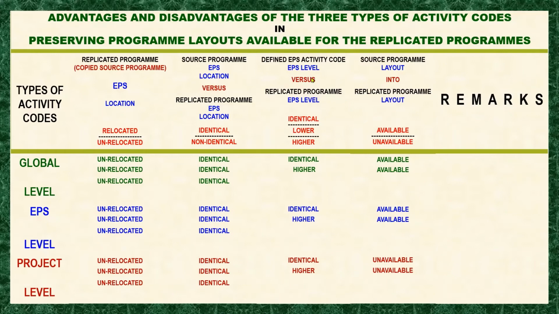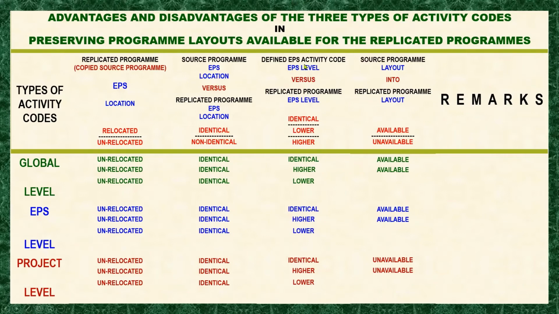Okay. Next, we will go to the EPS level, the comparison of the EPS level of the defined EPS activity code and the replicated program. It is recorded here as lower. Why is it lower?